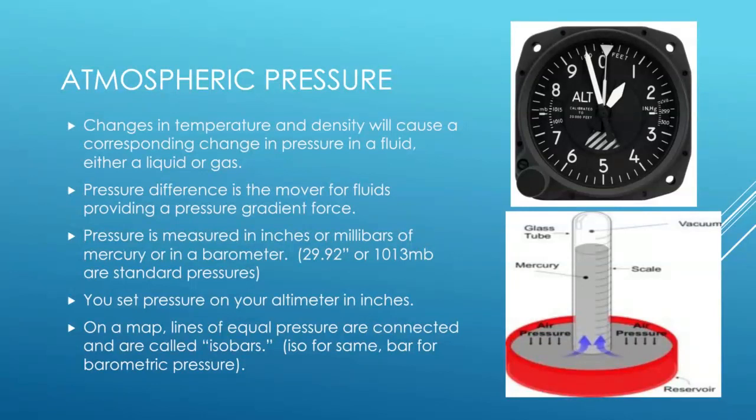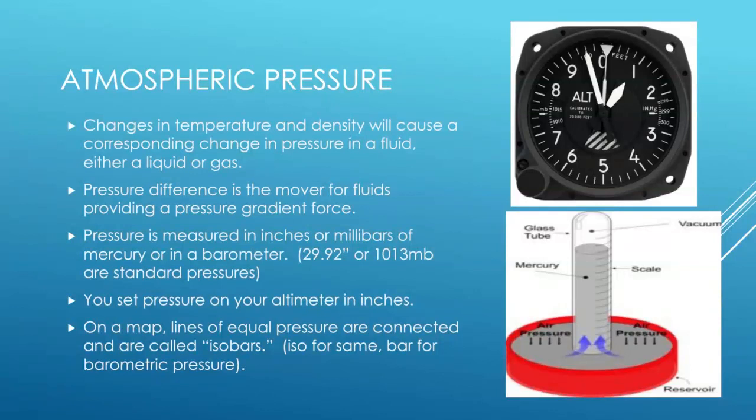So pressure difference is in fact the mover, or the force maker, if you will, for fluids, when you have that pressure gradient force we talked about. It's measured in inches of mercury, 29.92, or 1013.2 millibars. Those are the standard pressures at the standard temperature.